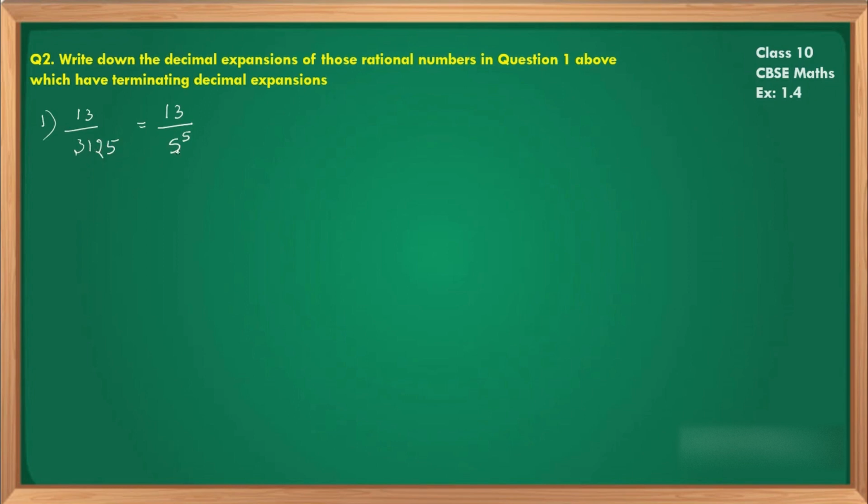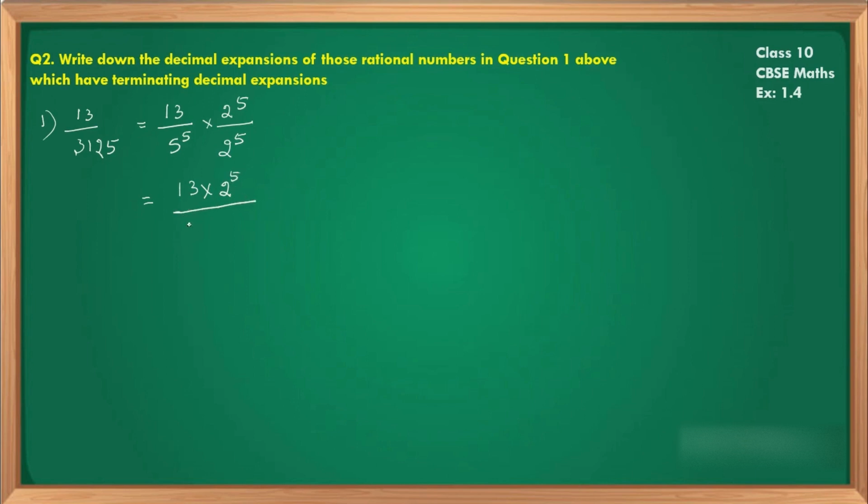In this case, you have 5 with some power, and you have to multiply 2 also with the same power to the denominator as well as the numerator. 2 to the power 5 on the top, and in the denominator also 2 to the power 5. By doing this, you don't alter the given number.